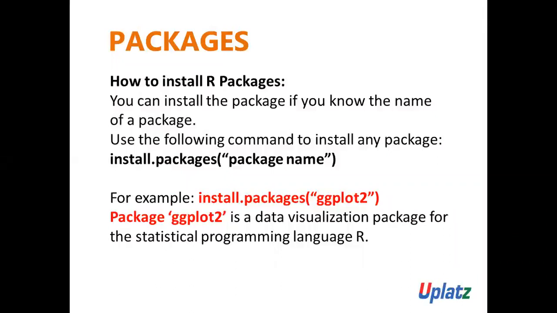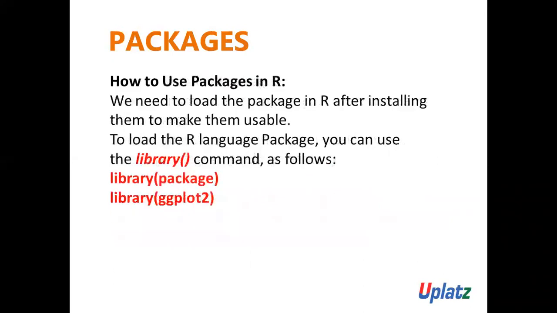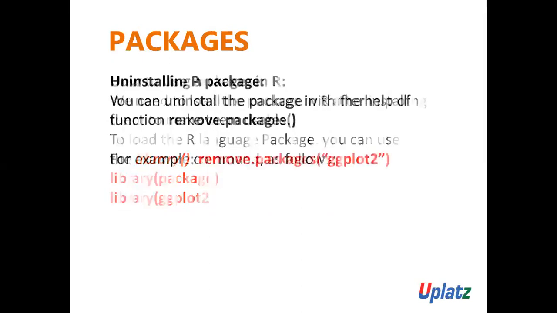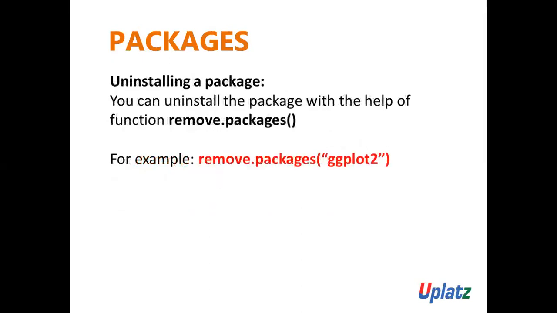In order to install an R package, we need to use the command install.packages, and inside that we specify the package name. Once you install the package successfully, in order to use it, you need to load it with the help of the function library, and inside that library function, you specify the name of the package that you want to use.